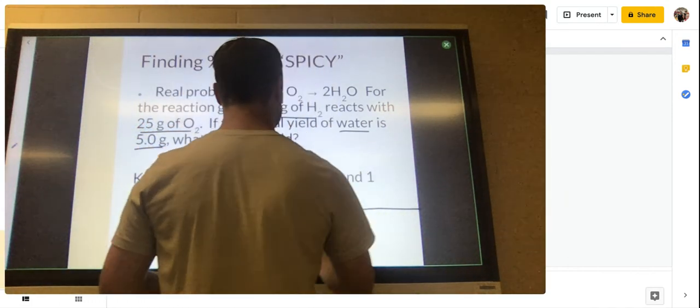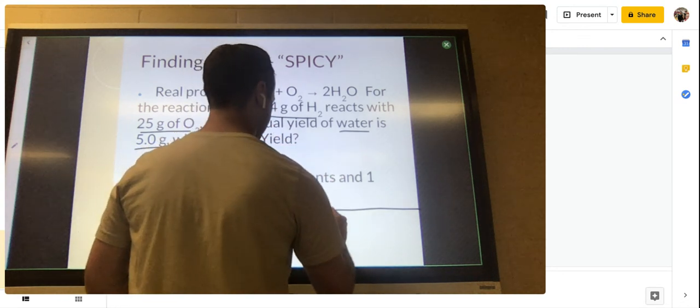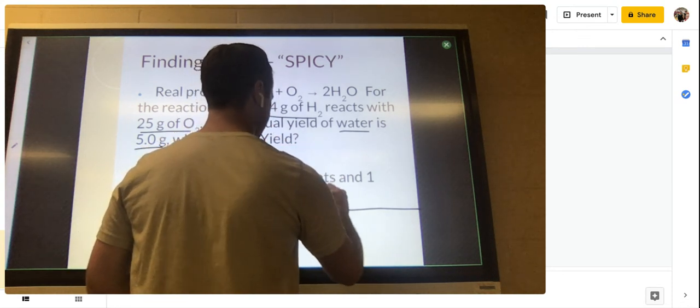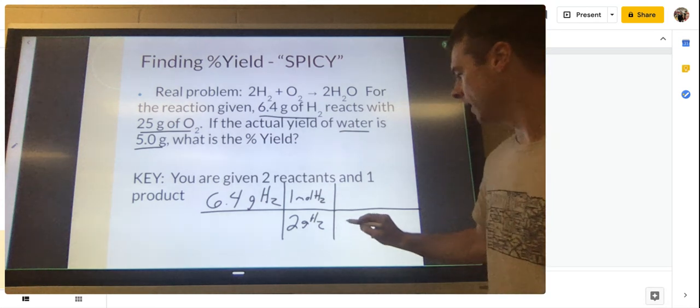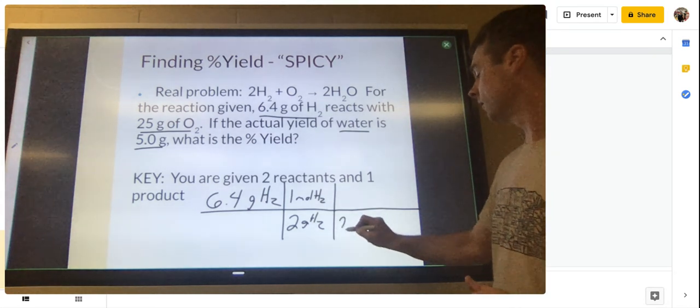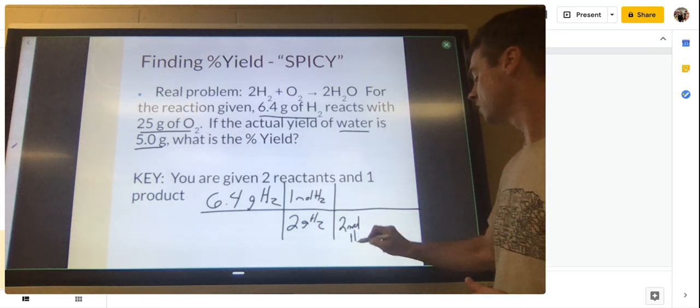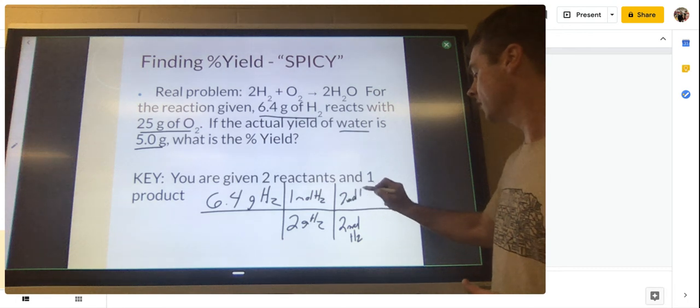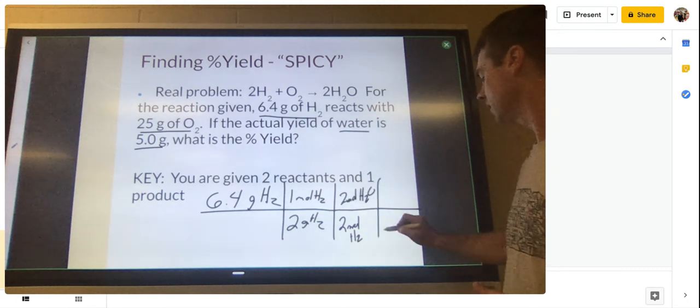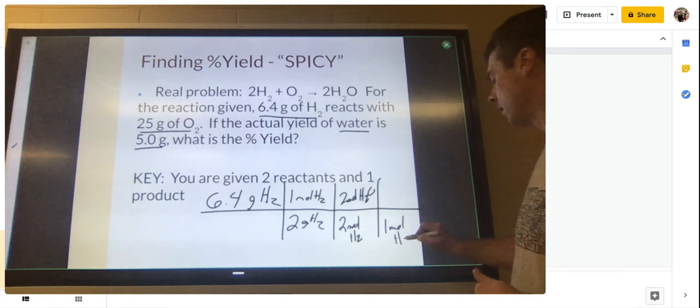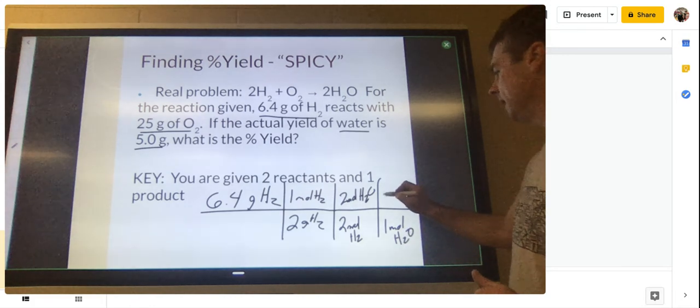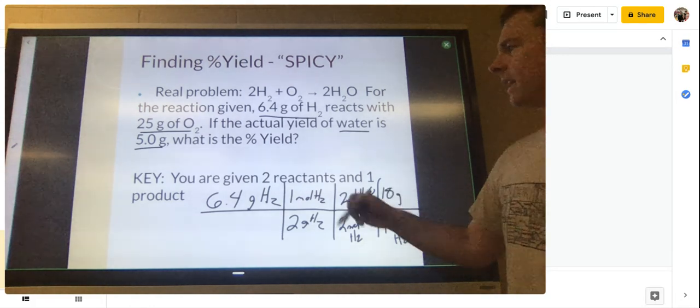We got so many steps here. 2 grams of hydrogen, 1 mole. Hydrogen, let's try to get out of the way. It is a 2 to 2 ratio because of the reaction, and 1 mole of water is equal to 18 grams. Okay, so that's that one.